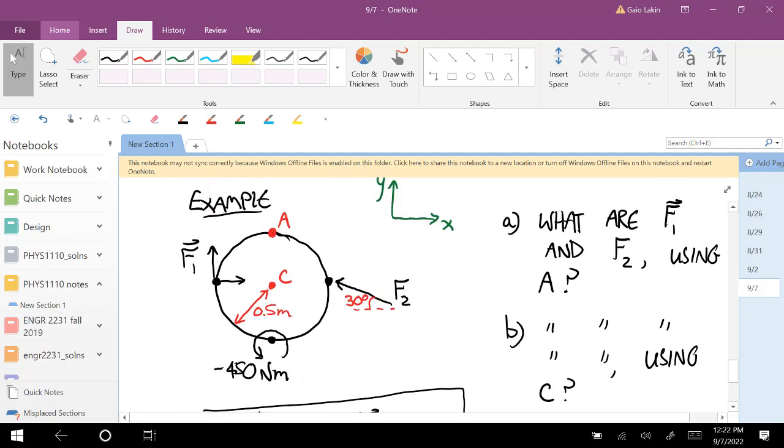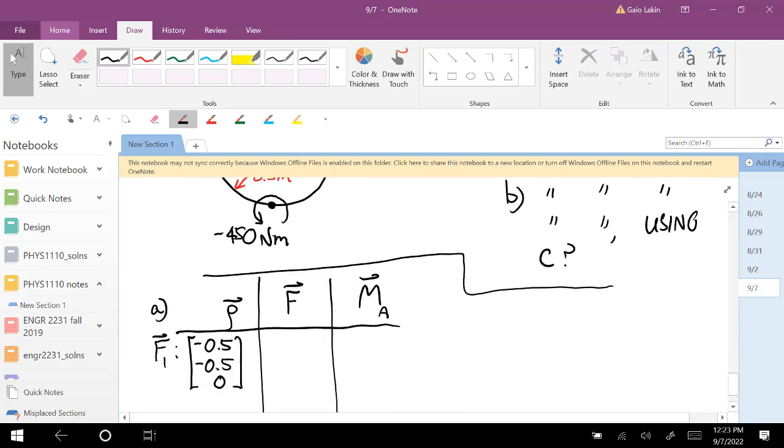The force vector, we don't know anything about it, so it's just going to be X and Y components of F1. No Z component.